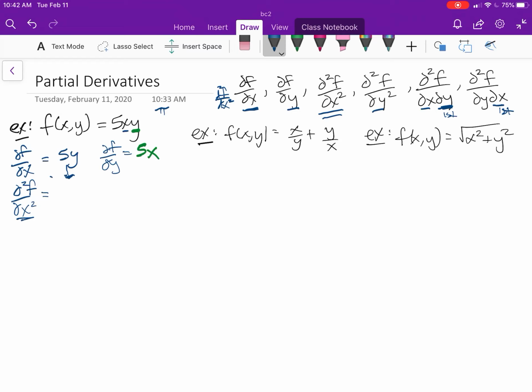Well, there is no x. 5y is a constant, so if I'm talking about a partial with respect to x, that answer is 0. For the next one, very similar: second partial with respect to y, there is no y here, so that result is 0.